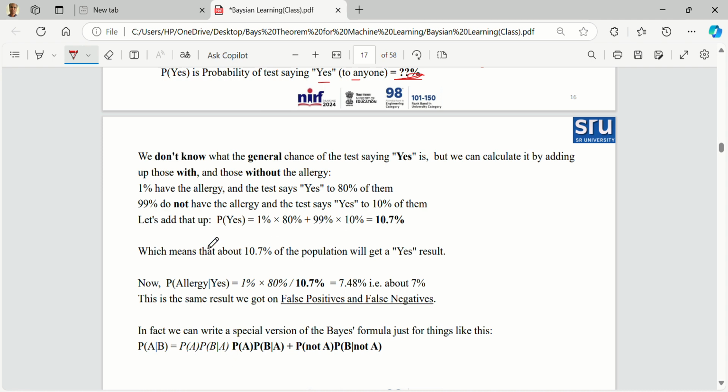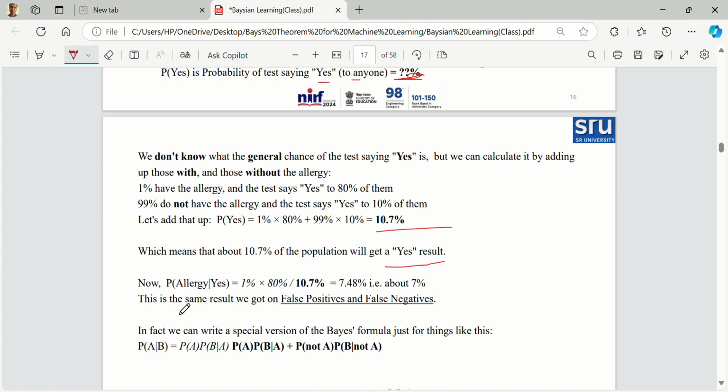Let us add that up. Probability of Yes is 1% into 80% plus 99% into 10%. So I am getting 10.7, which means that 10.7% of the population will get a yes result.